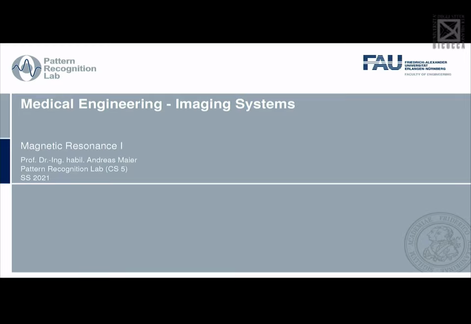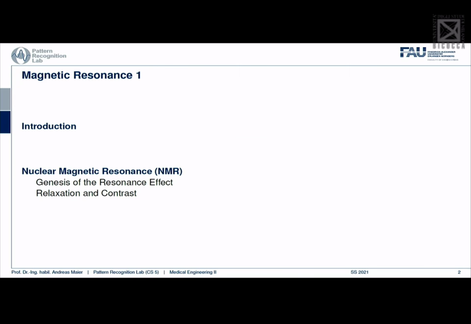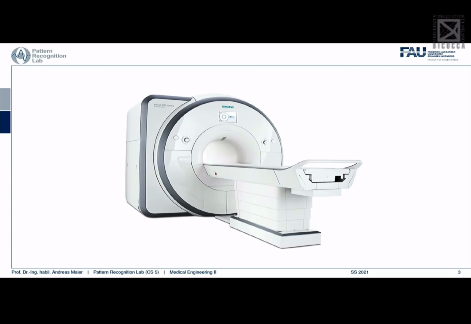So let's start with magnetic resonance. We will not see the principle of image formation, but we will just take a look at which kind of contrast we have. We'll start from the nuclear magnetic resonance effect. This is how the scanner looks, and it basically is a huge, super strong magnet. We will have some details about what we mean by strong. Nowadays it's standard to use superconducting magnets.